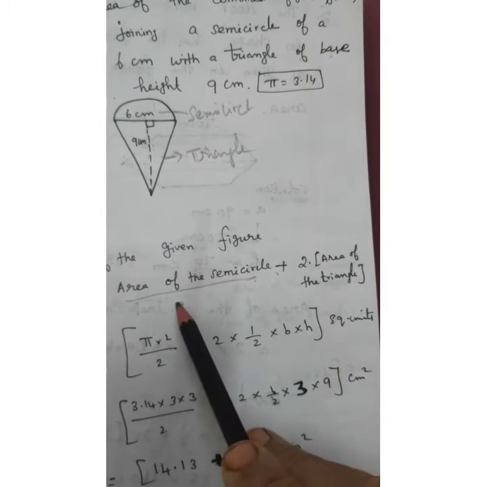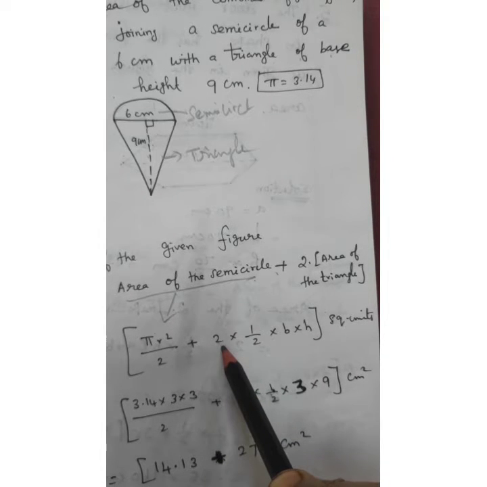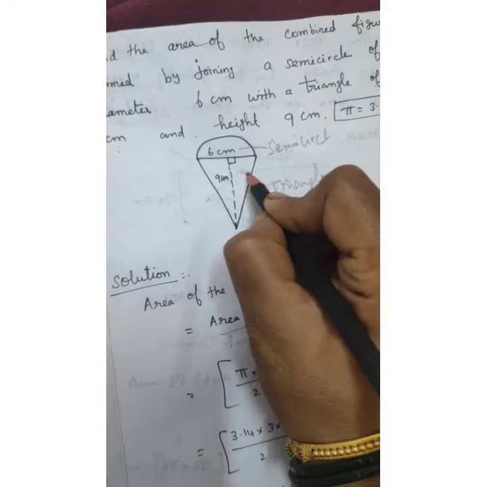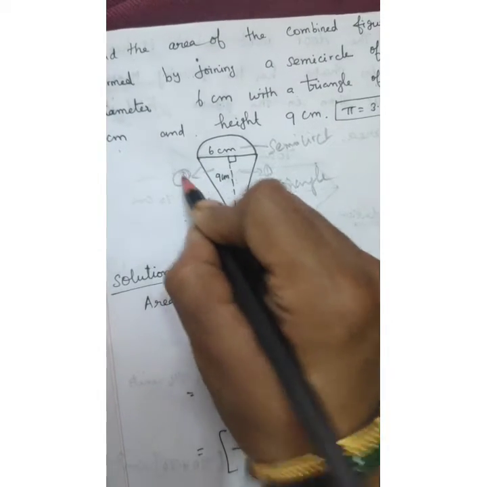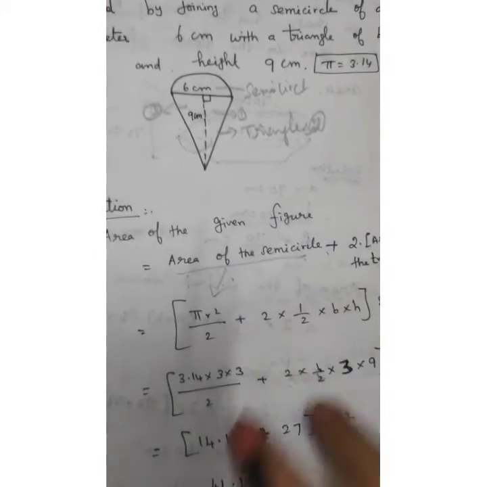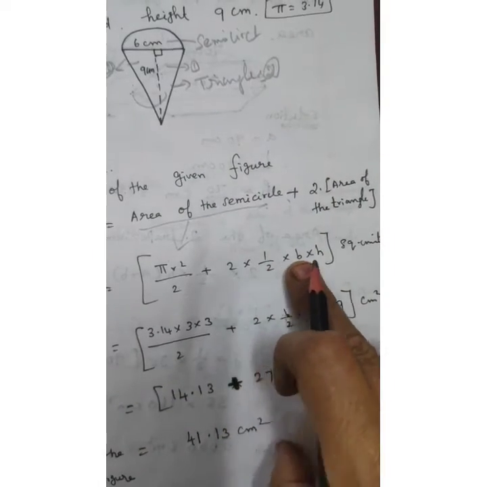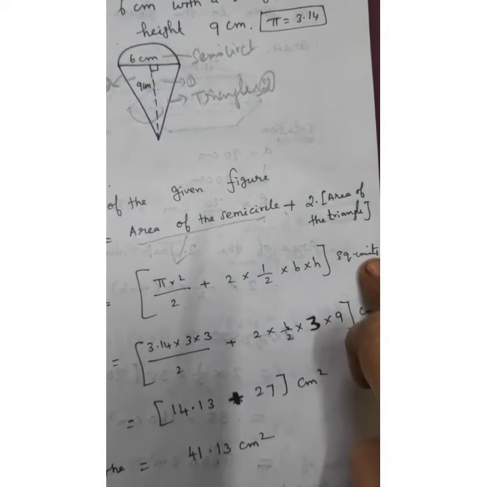Area of the semicircle formula is pi r squared by 2, plus 2 into area of the triangle. 2 triangles are there. How do we find it? This is one triangle, this is one triangle. So total number of triangles is 2. So 2 into 1 by 2 into b into h square units.